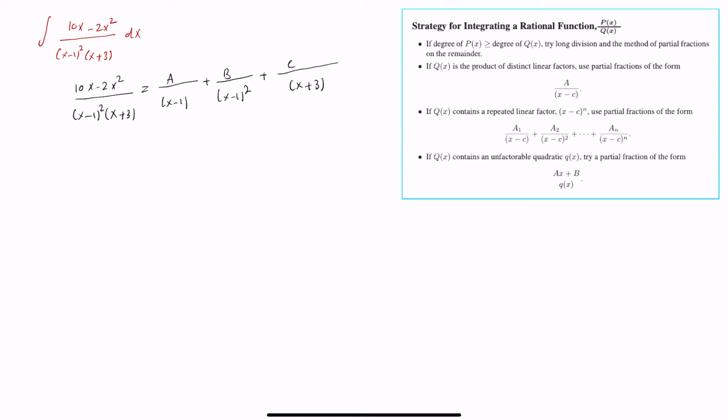Now we want to simplify, so I'm going to multiply the left and right side by x minus 1 squared times x plus 3, which is the denominator.